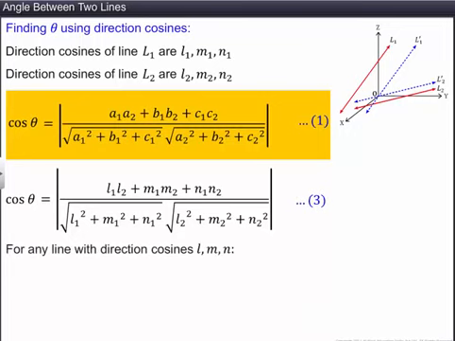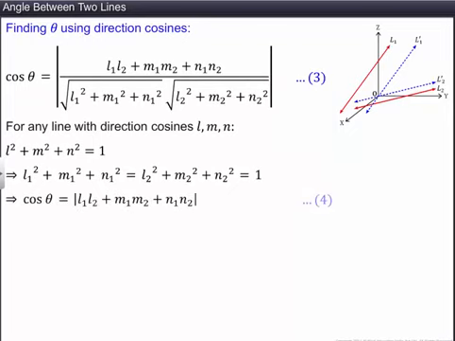Thus, the terms in the denominator of the right-hand side in equation 3 is reduced to 1. Equation 4 gives us the equation for the cosine of angle theta between lines L1 and L2 in terms of their direction cosines.